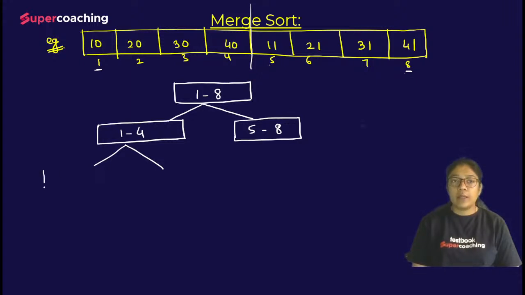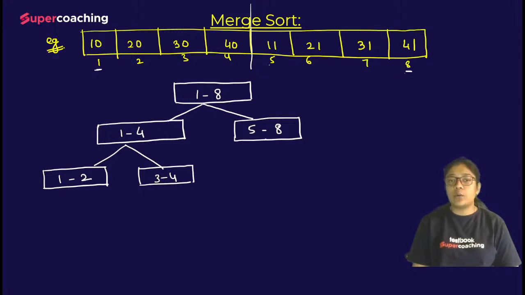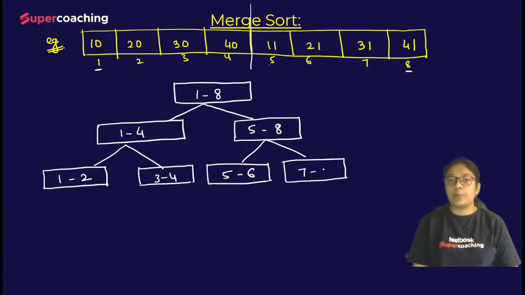So half of the elements, 1 to 2, will be in one part of the problem. 3 to 4 will be in another part of the problem. Similarly, here we'll be having 5 to 6 in one part of the problem, 7 to 8 will be in another part of the problem.